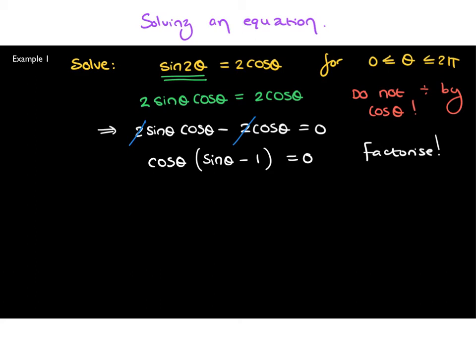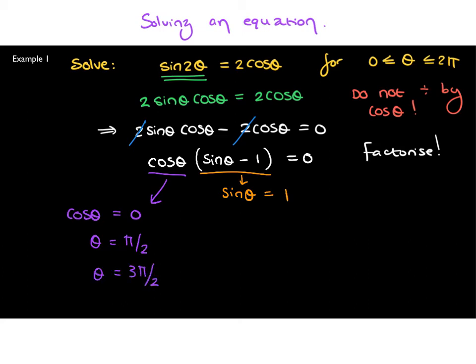Now, from here, we can then identify that either cos theta equals 0, which will lead to some potential answers, or sine theta must equal 1, which will lead to other possibilities. Now, cos theta equals 0, we can see instantly from the cosine graph that theta has to equal pi by 2, or theta has to equal 3 pi by 2.